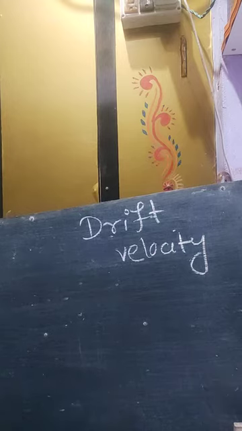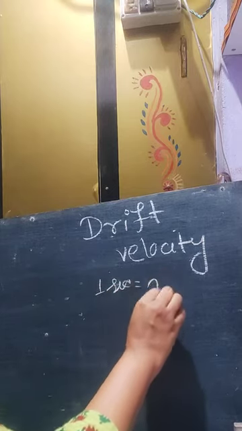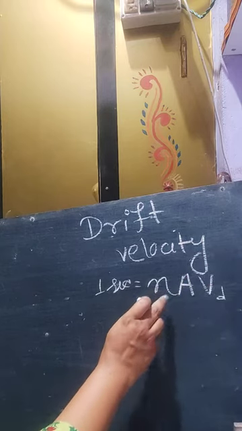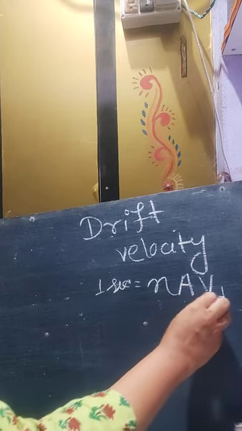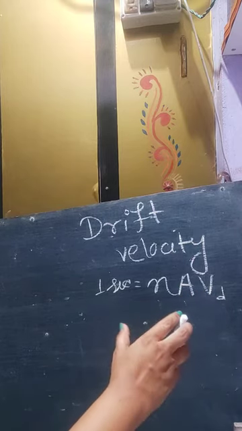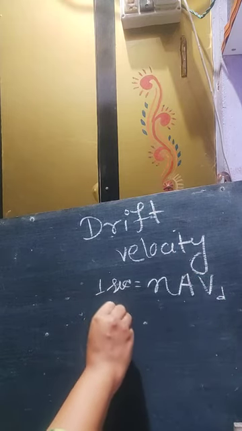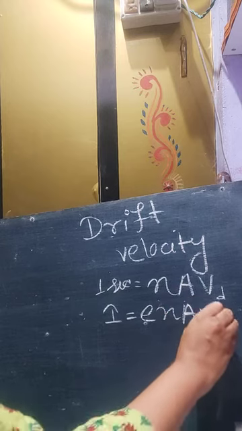Suppose the number of electrons moving in 1 second is given by N A v_d. What is N? N is the number of electrons, or electron concentration, and A v_d is the volume through which the electrons are moving. So for I, it can be written like this.